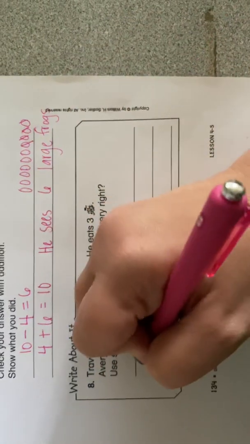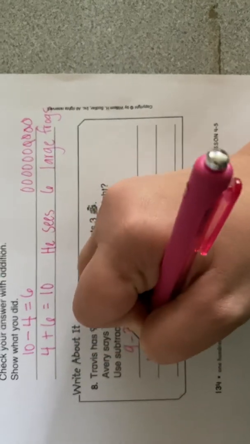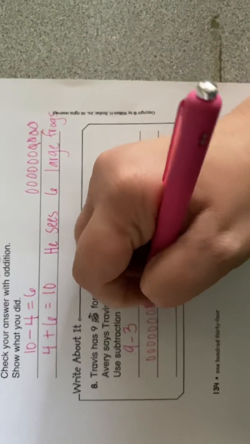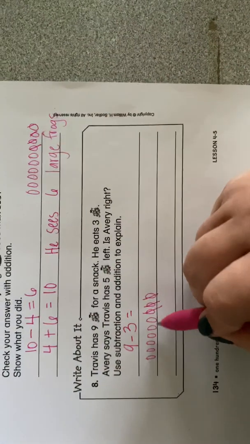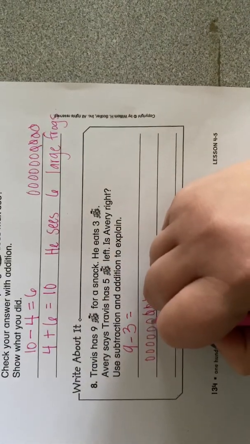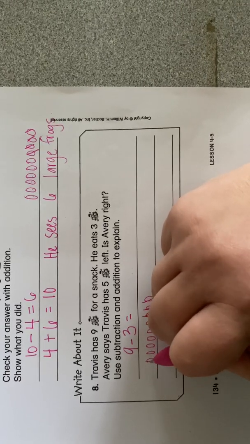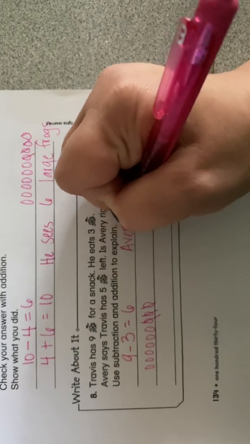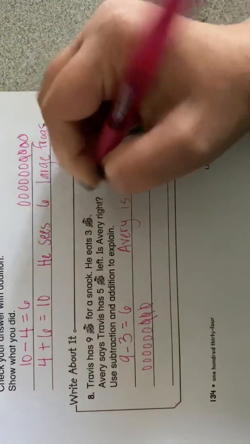Well, let's check her out and see. So 1, 2, 3, 4, 5, 6, 7, 8, 9. Take away 3. And that leaves us with 1, 2, 3, 4, 5, 6. So Avery is not right.